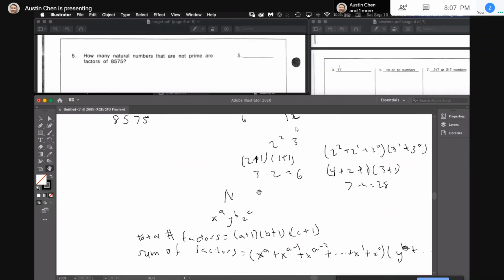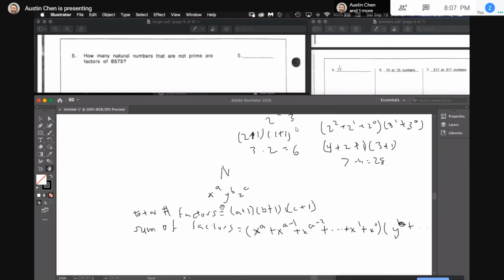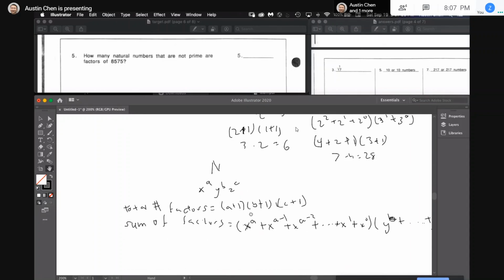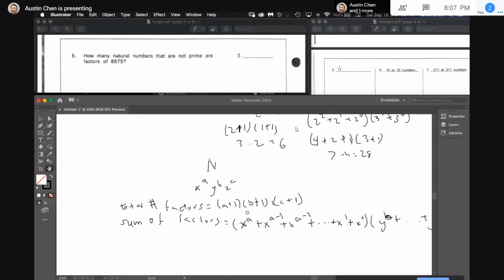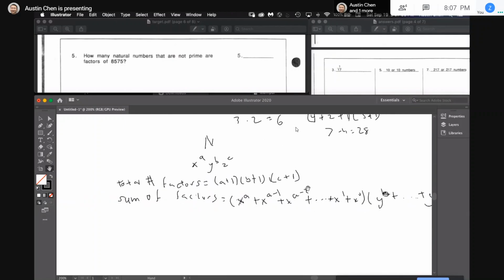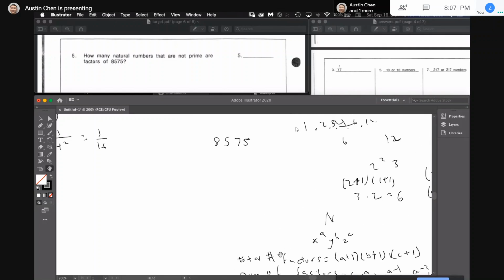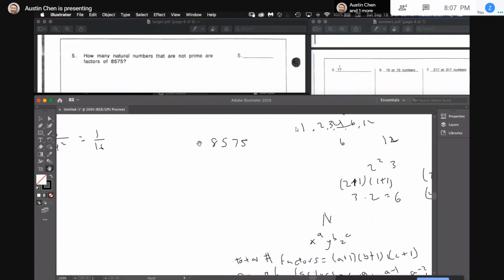So in this problem, we're just doing the total number of factors, but the sum of factors might show up sometimes, so you might want to know that formula as well. All right, but we're just finding the total number of factors that are not prime. How we'll do that is find the total number of factors with this formula and then subtract how many primes it has in its prime factorization.